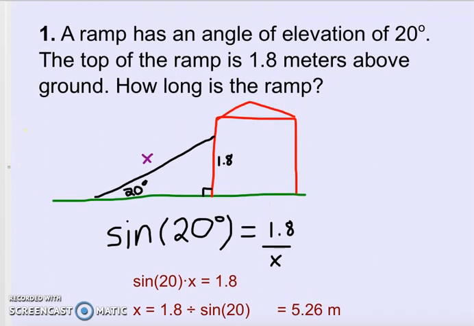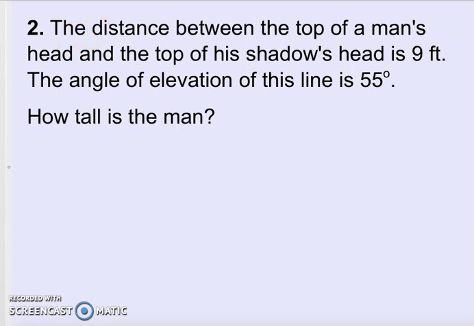I want to do 3 of these, so here's number 2. The distance between the top of a man's head, and I'm already going to start to draw a picture here, top of the man's head and the top of his shadow's head. Okay, let's draw his shadow. I don't know. Good enough. Distance between the top of a man's head and the top of his shadow's head.